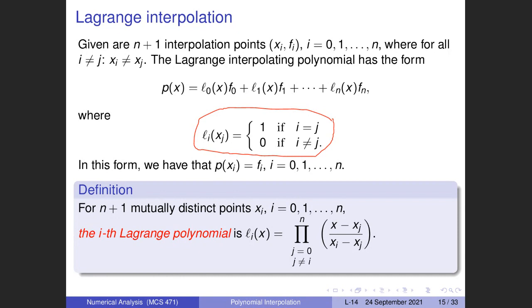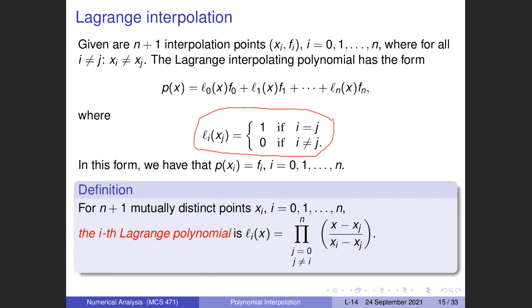They flip on or flip off. The ith Lagrange polynomial is 0 at all the interpolation points except the ith interpolation point. And that is accomplished by this form here of the Lagrange polynomials.